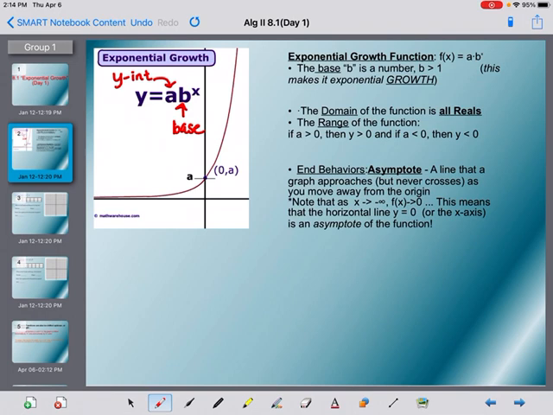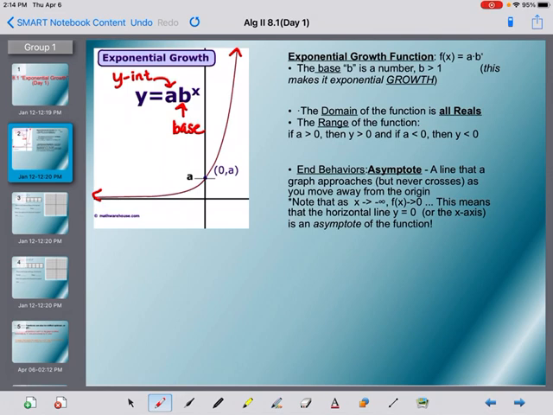Now, if you look at the graph here, this could be any exponential growth function. I just want to point out that there's an arrow on this end of the graph and an arrow on this end of the graph. So technically, this graph goes on forever to the left and forever to the right. As it goes forever to the left, notice that it is getting closer and closer to the x-axis. And as x gets bigger on the right-hand side, the graph is going up.